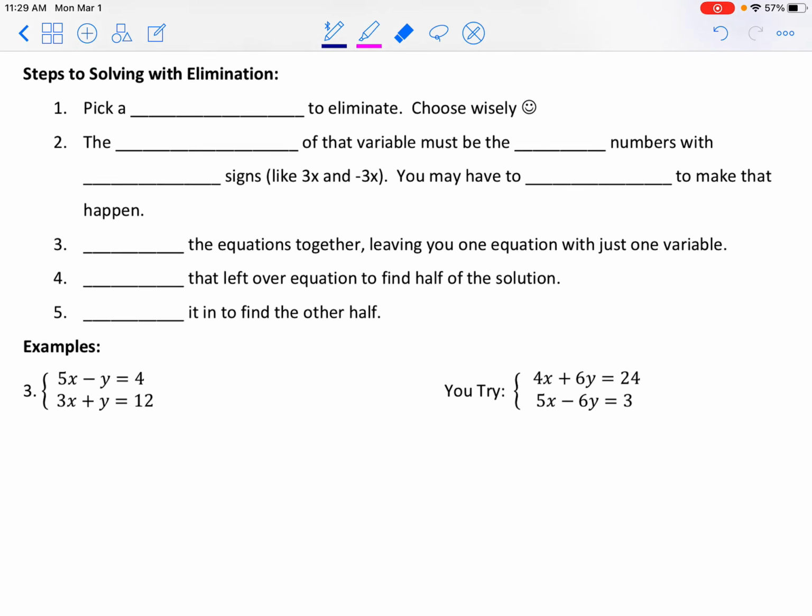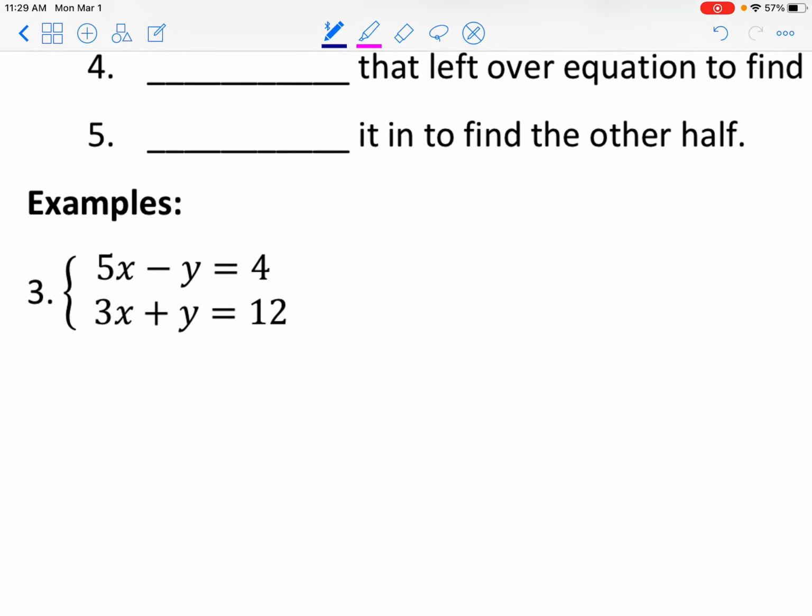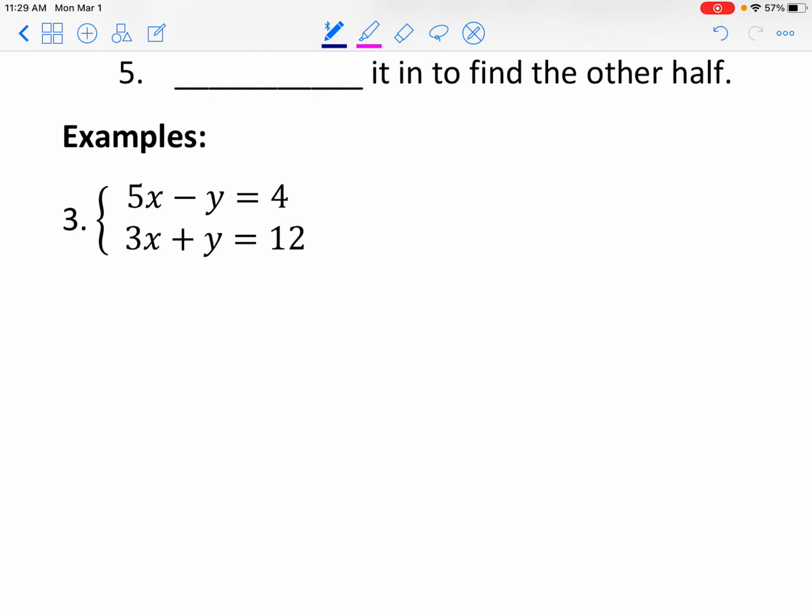All right, now what we want to do is choose a variable to eliminate, and you're going to choose wisely. Again, after I give you these steps, I'll show you how to use them. What we need in order for this elimination to work is for the coefficients of the variable we're eliminating to be opposites. So for example, in number 3, I would choose to eliminate y's here because my coefficients are already opposites.